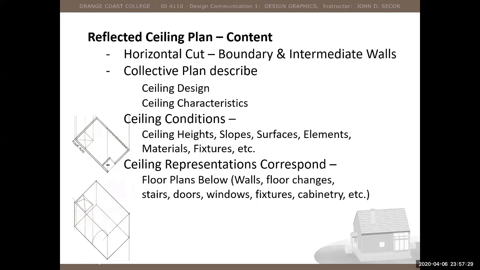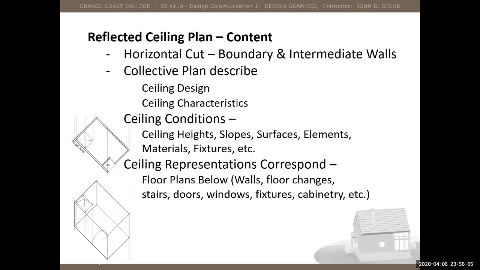So our reflected ceiling plan gives us a view of the ceiling elements, the ceiling design, and all those characteristics, as well as the elements below. Now, the ceiling condition also wants to include things like slopes and surfaces and fixtures and materials. They become much more important as we get into the more technical aspects of these drawings, which occurs in the ID 220 class.